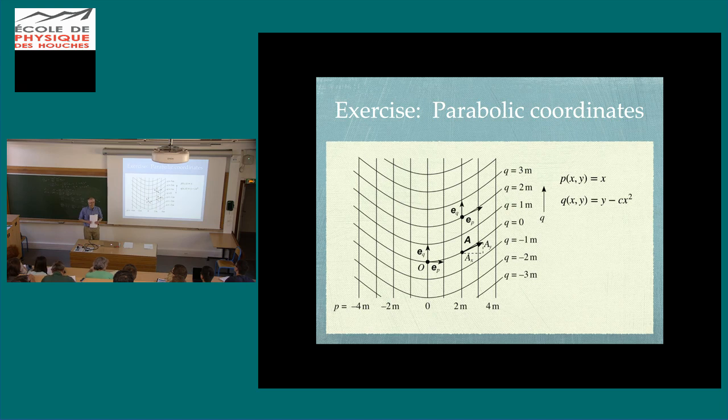Does that make sense? On the other hand, if you work out the magnitude of this using the metric, in the Cartesian coordinate system it's easy: the square of this plus the square of this gives 1 plus 4c squared p squared.